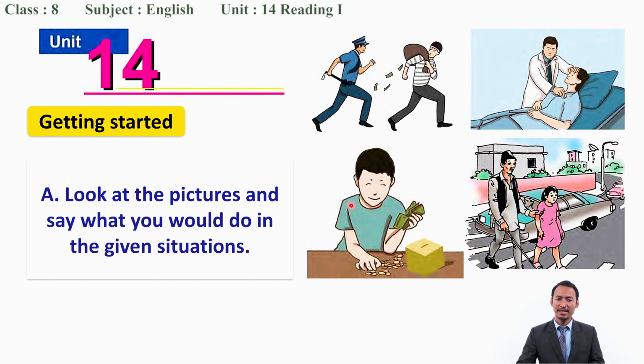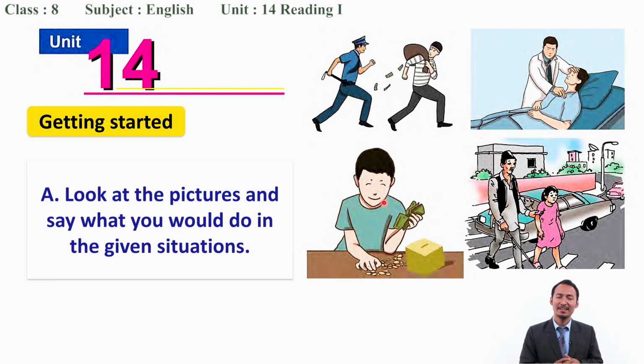Let's look at the third picture. The third picture is about the collection of money. What would you do if you have collected money in your piggy bank? Sometimes you have a piggy bank, right? You call it khutruke in Nepali.